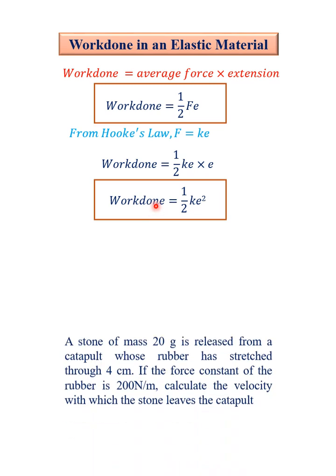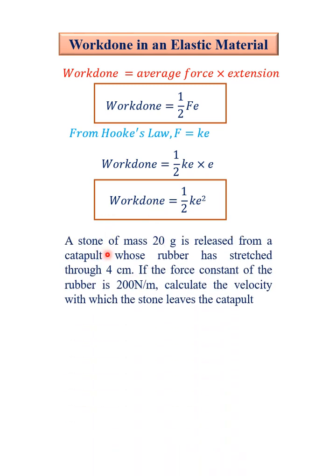So let's look at an example. A stone of mass 20 gram is released from a catapult whose rubber has stretched through 4 centimeters. If the force constant of the rubber is 200 Newton per meter, calculate the velocity with which the stone leaves the catapult.